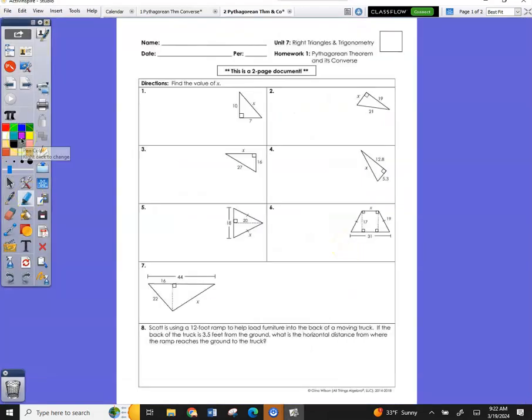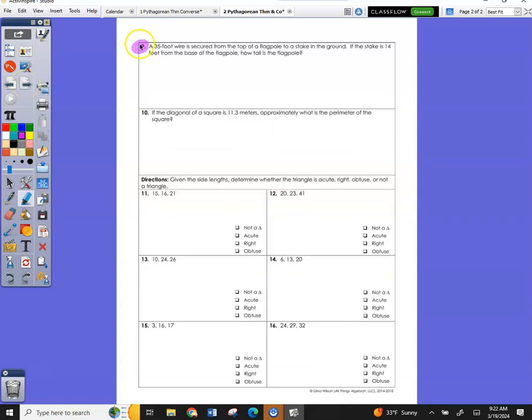I would highlight the odd problems. So you got 4 on the front, and 4 on the back. You have 8 practice problems, and it's a good mix of everything, okay?